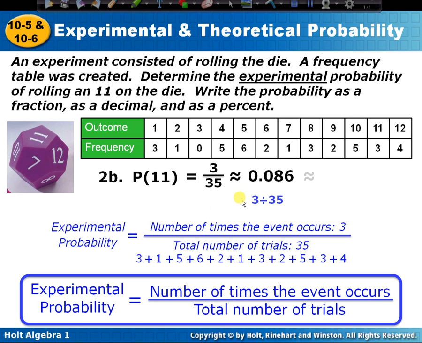Now to write that as a percentage, I have to multiply it by 100, and that's going to give me 8.6%. So that's approximately equal to 8.6%. So my experimental probability of rolling 11 on this 12-sided die is approximately 8.6%.